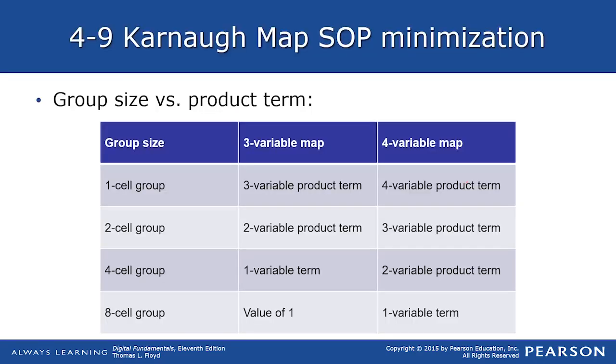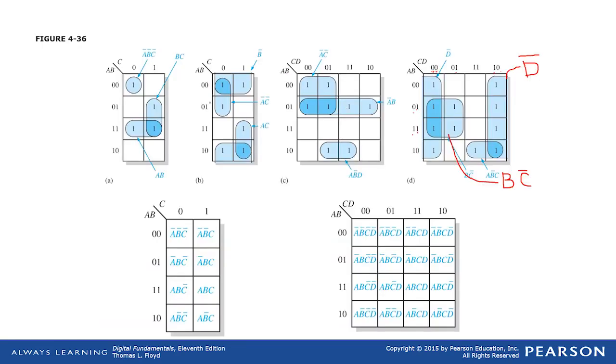Okay, so the rule is that when you do the grouping, let's say we're talking about the cases when we have 3 variables. A single-bit group will produce a 3-variable term. If you have a 2-bit group, it will produce a 2-variable term.